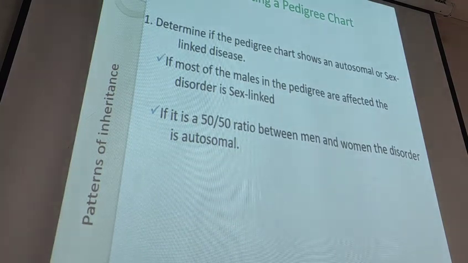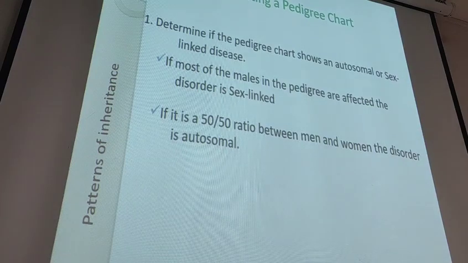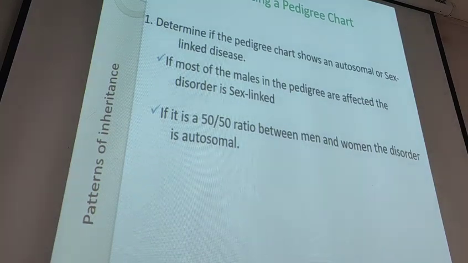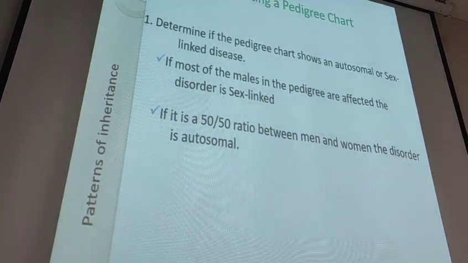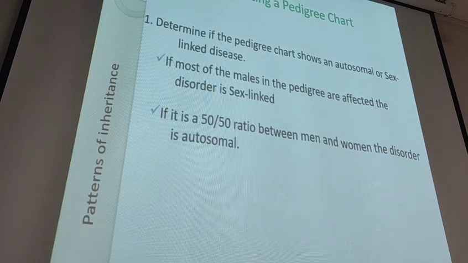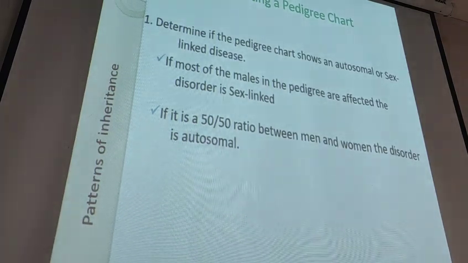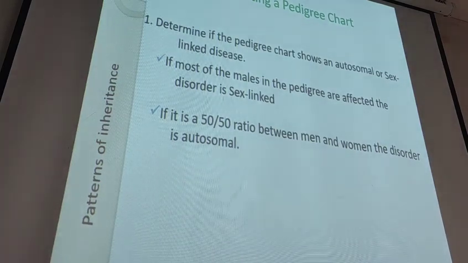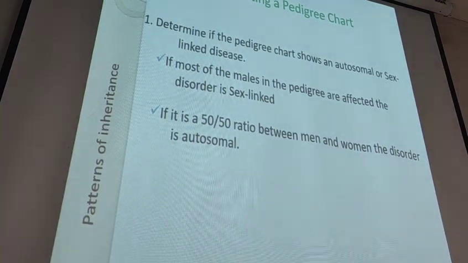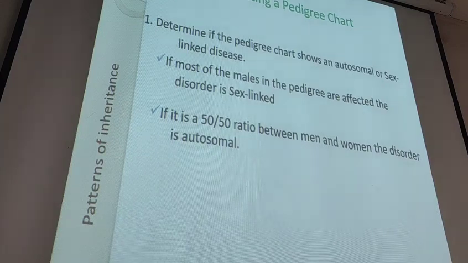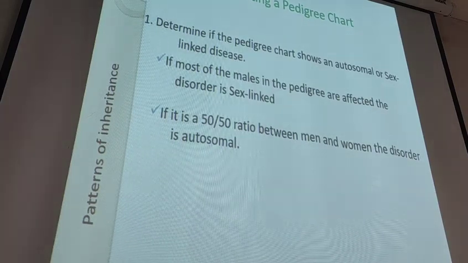So when you draw a pedigree, you want to identify the pattern of inheritance in this pedigree. First thing that you need to determine is whether the disease is autosomal or X-linked, or sex-linked.